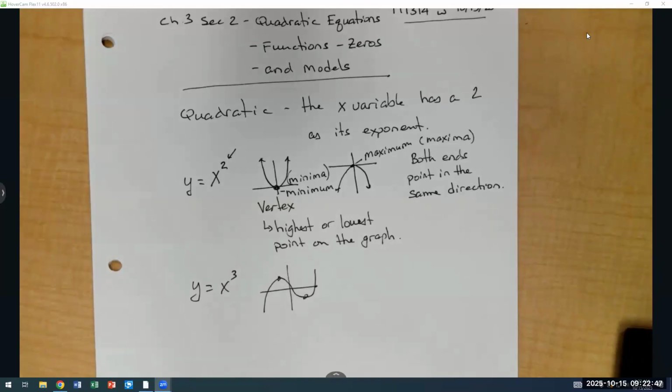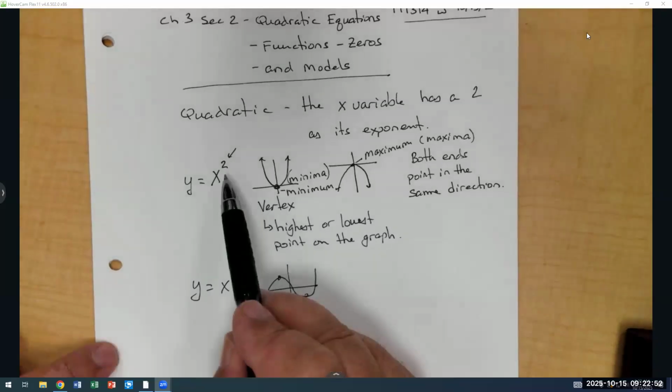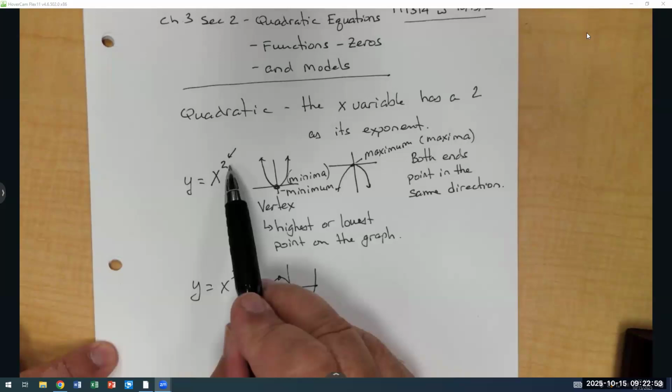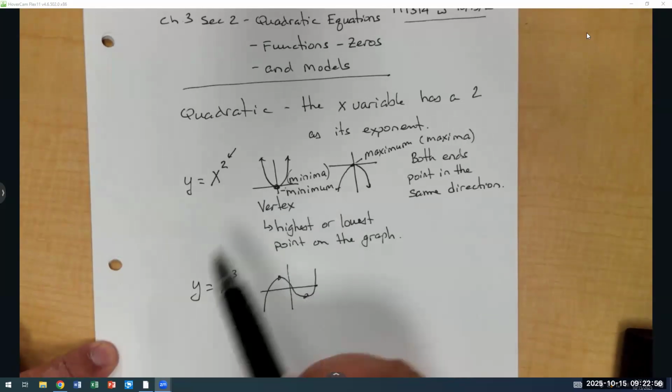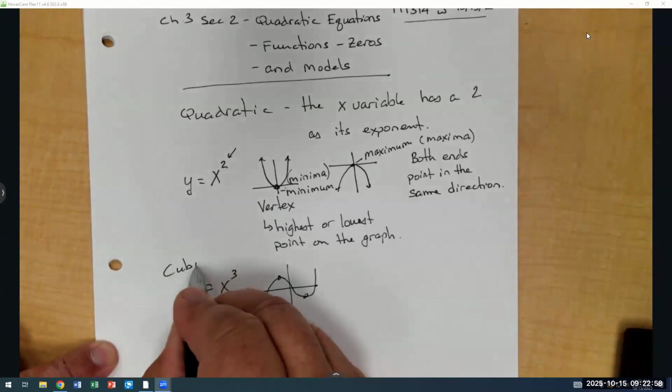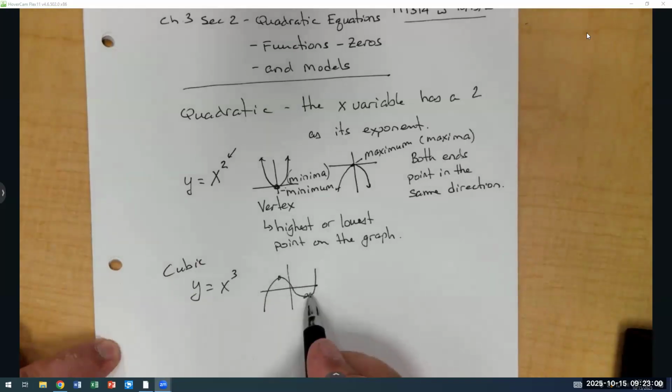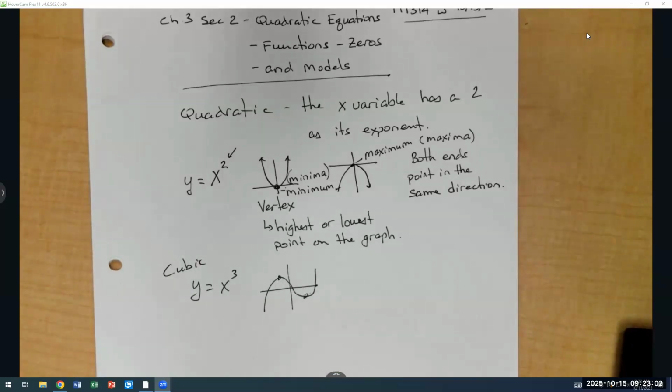I know I'm going ahead of myself, but since we're talking about these things, since the quadratic only has one vertex, the cubic has 2 vertices. Do we see a pattern here? What's the pattern?